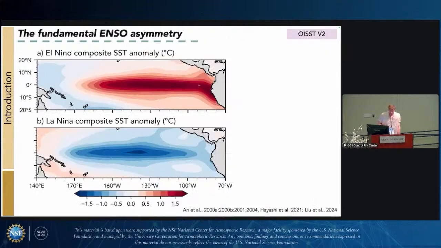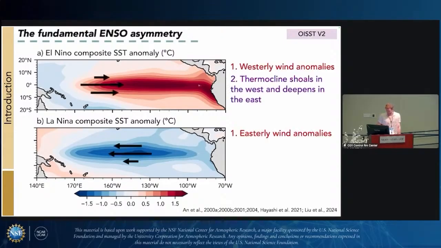Another way that they're different is in their spatial patterns. So El Niño tends to be shifted a bit further to the east, while La Niña is kind of centered in the middle of the basin. And there's some variation here, but generally speaking, these are the features we can observe in SST. And I want to highlight just in terms of the linear dynamics, right? Wind anomalies are really important for moving warm or cold water throughout the basin, specifically zonal wind anomalies.